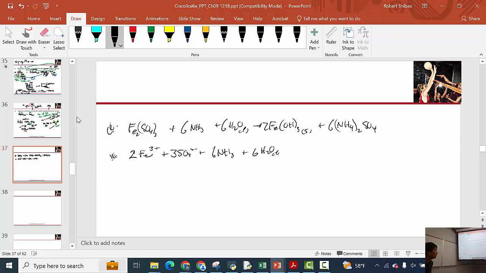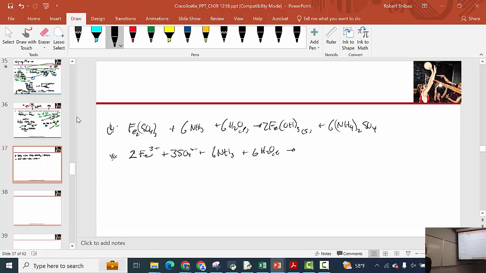Don't do anything. Iron 3 hydroxide, strong acid? No. Strong base? No. Soluble salt? What's a salt? A salt is an ionic compound that's not an acid. So any ionic compound is a salt, basically, unless it's an acid.